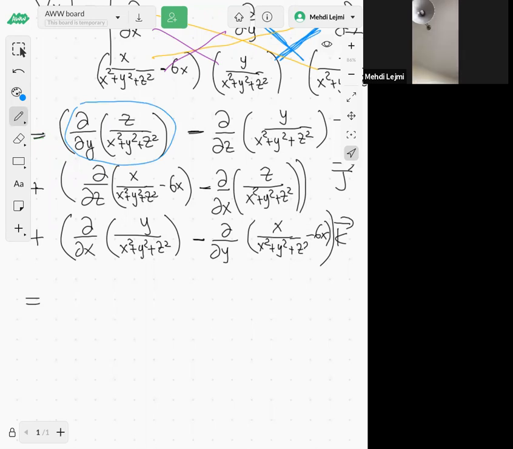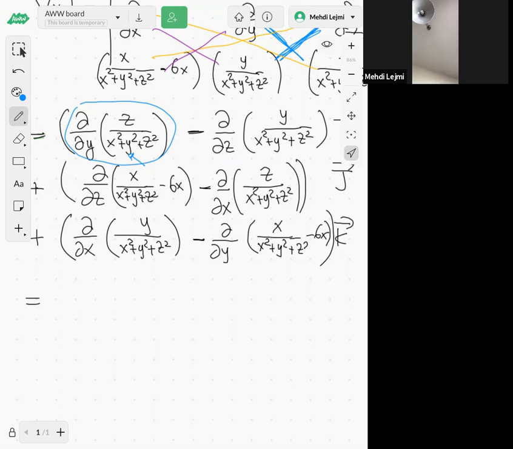We assume x and z are constants, and there's a y in the denominator, so you have two options. Either you apply the quotient rule, or you can move the x squared plus y squared plus z squared to the top with the power of -1, and then apply the power rule for derivatives.